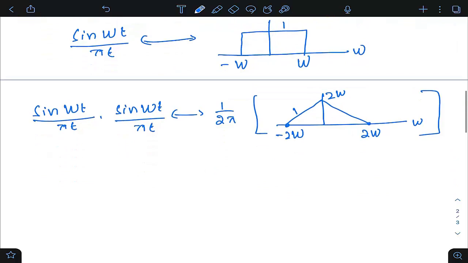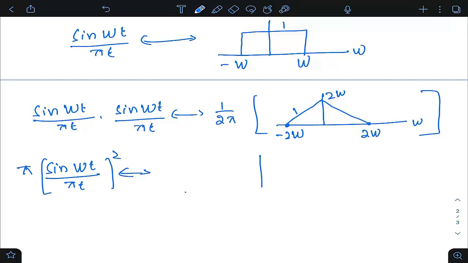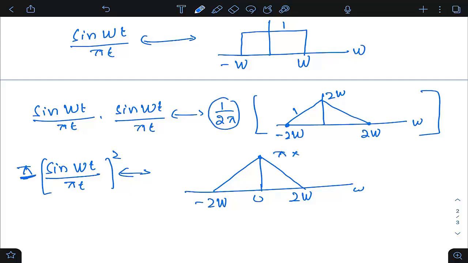So if this is π times sin(Wt) divided by πt, whole square, its Fourier transform is the same triangle from minus 2W to plus 2W, but the amplitude is scaled. You get π into 1 by 2π into 2W. Now this π and this π cancel out, these two and these two cancel out, so it is simply W.